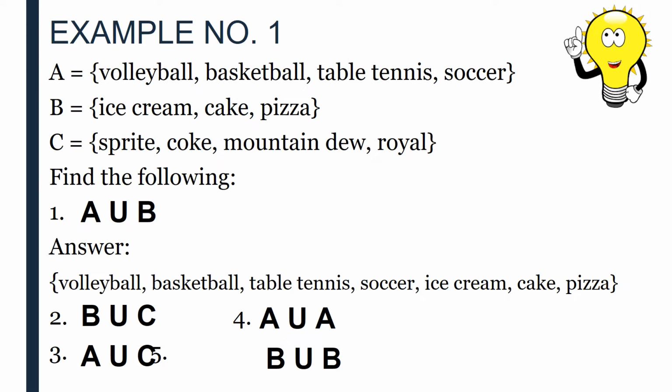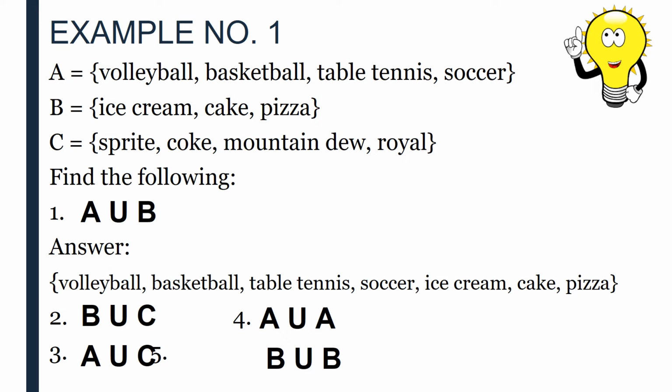How to solve? Okay? So pagsasamahin lang po natin yung elements ng set A at yung lahat ng elements na nakalista sa set B. So, pag pinagsama natin sila, yung magiging sagot natin ay volleyball, basketball, table tennis, soccer, ice cream, and cake, and pizza.